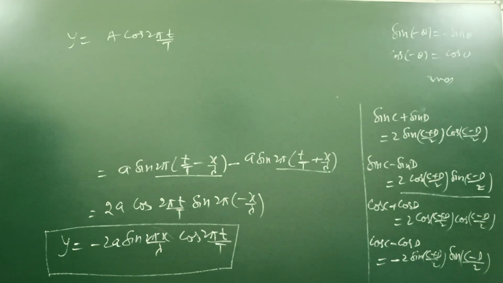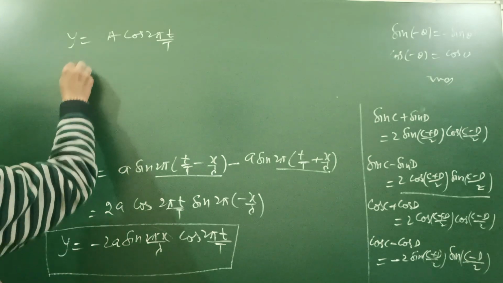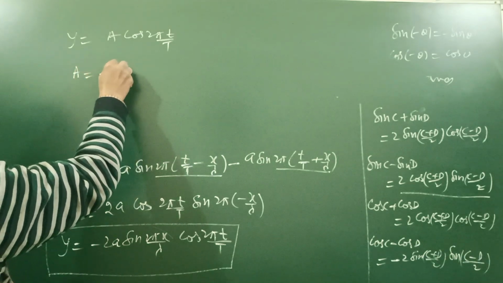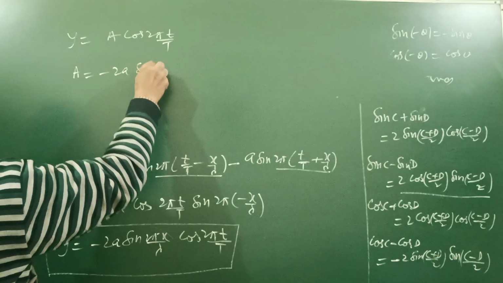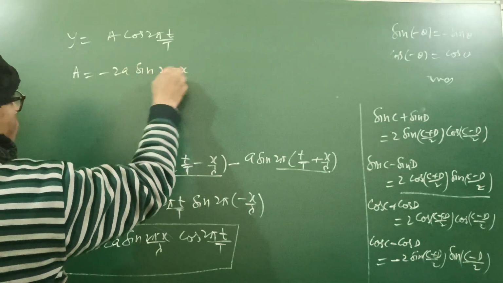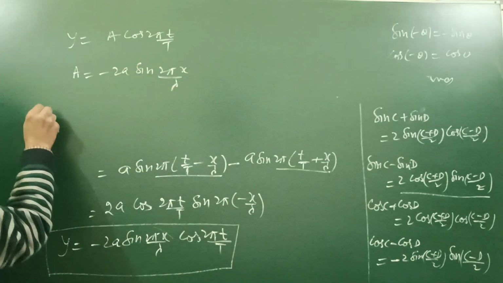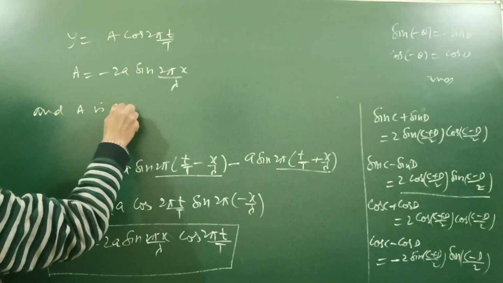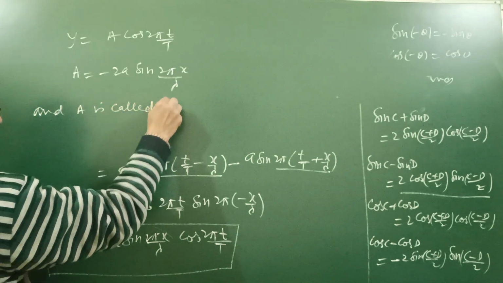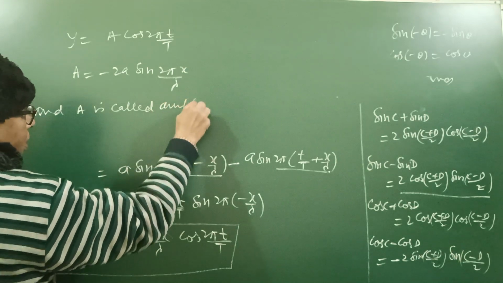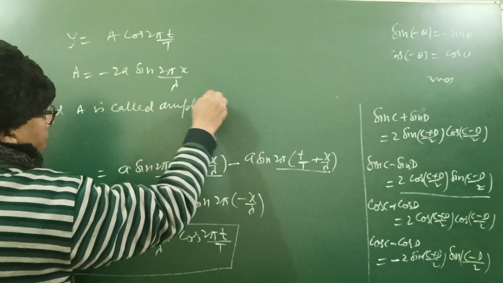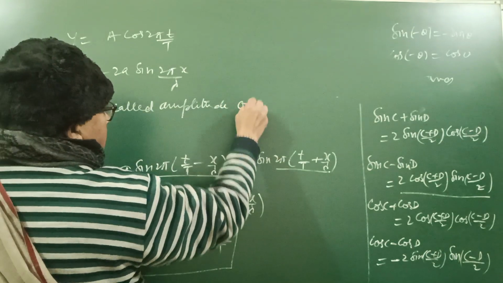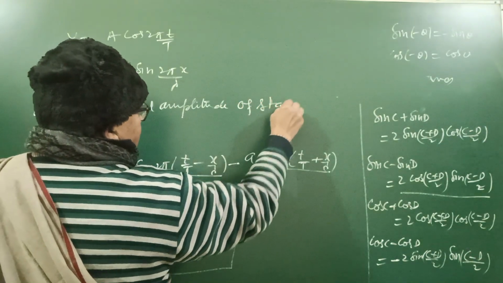Here A is equal to minus 2a sine 2 pi x upon lambda, and A is called the amplitude of the stationary wave.